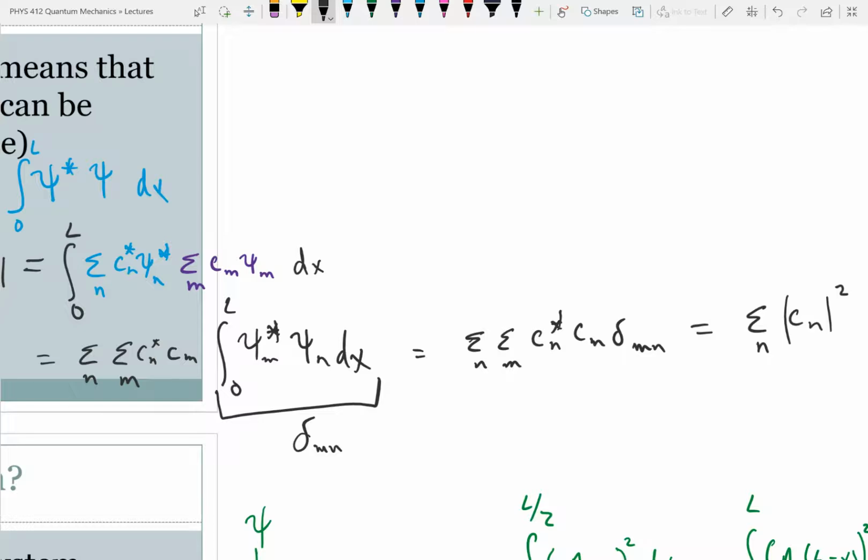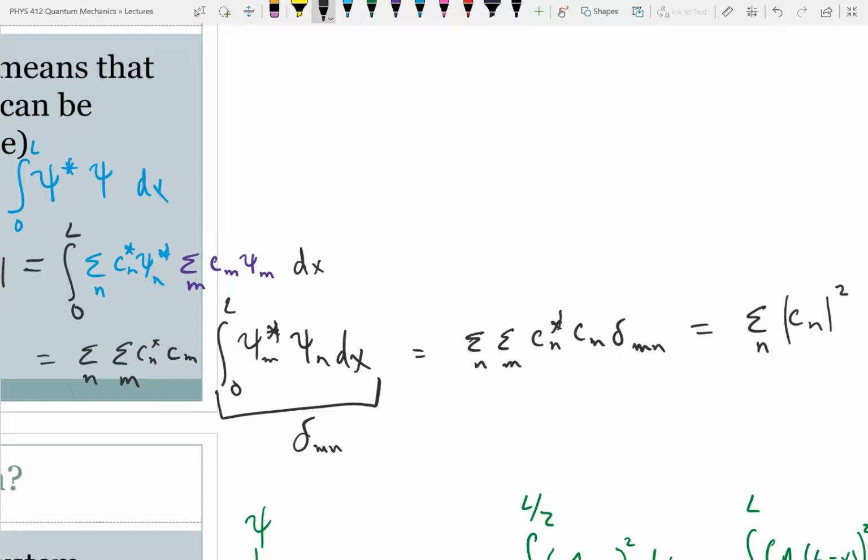What it really means is that the c sub n mod squared is the probability that if you make a measurement of energy, you'll get the nth state energy. So it's not so much that you're this percent in this state. It's that if you make a measurement, you have this probability of measuring that energy. It seems very much like the same thing, but one is much more precise about what it means. So I'm glad I didn't blurt it out before reading up on it.